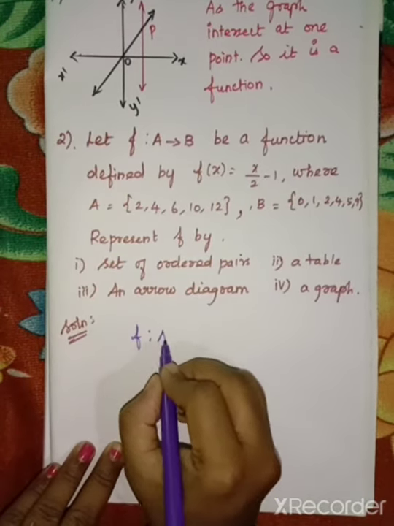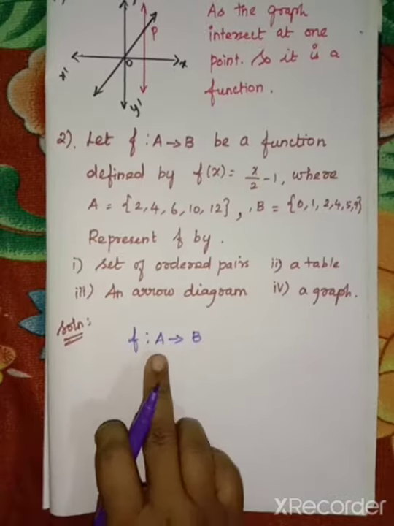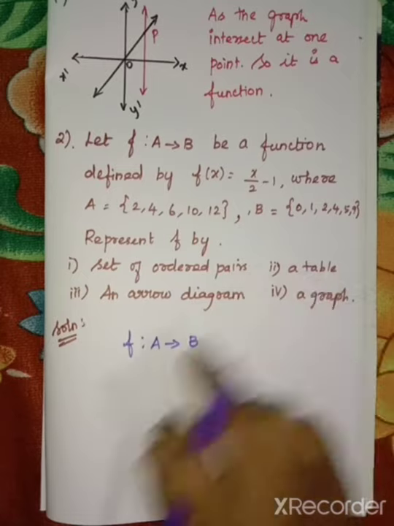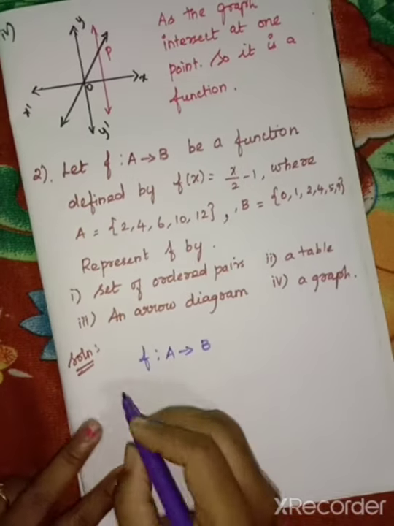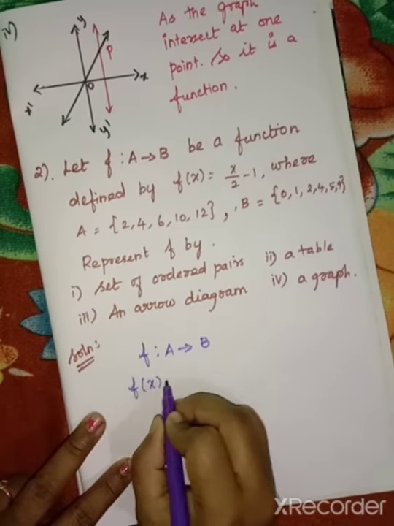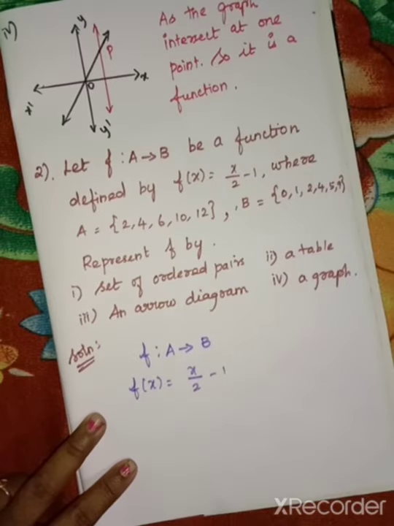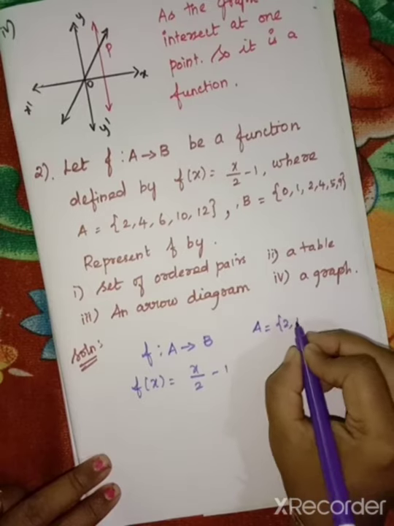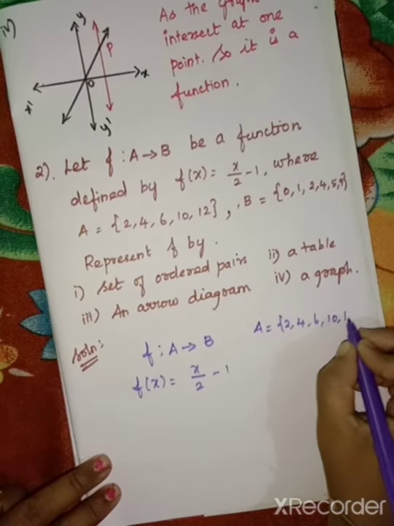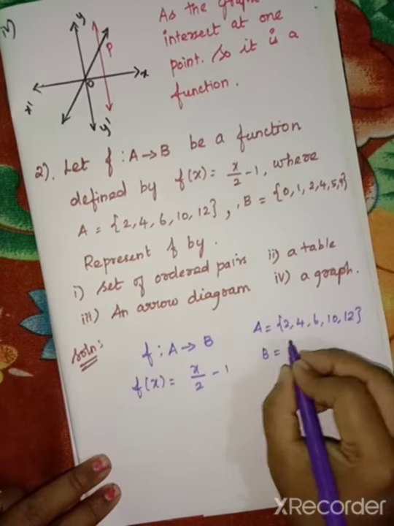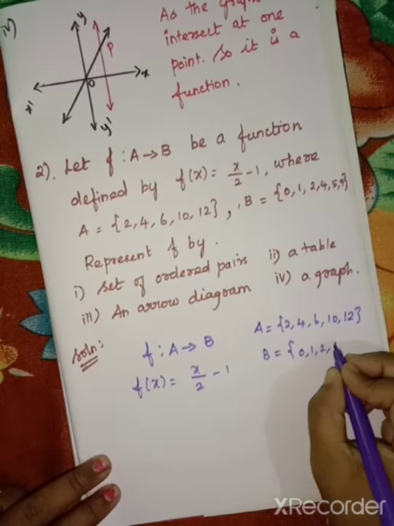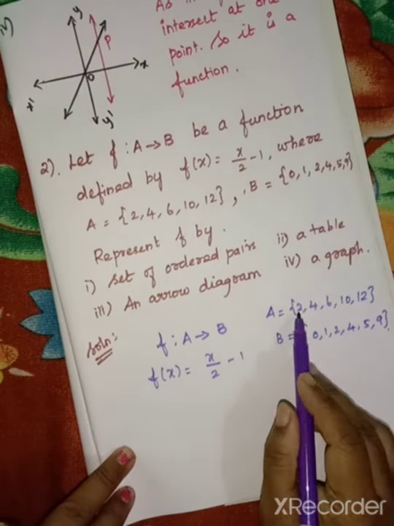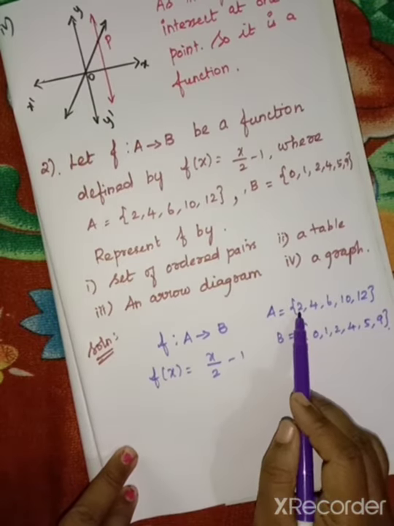So f from A to B means we want to find which element has which image. The condition is f of x equal to x by 2 minus 1. The A set is 2, 4, 6, 10, 12, and the B set is 0, 1, 2, 4, 5, 9. First, for x take the first element, 2.